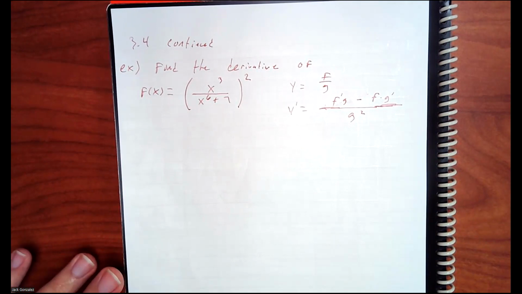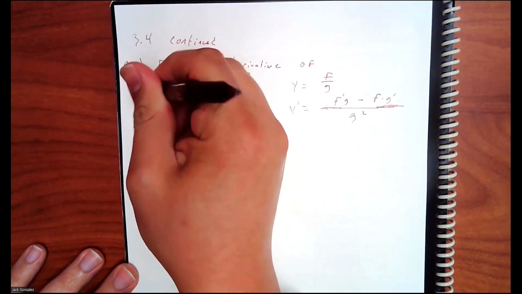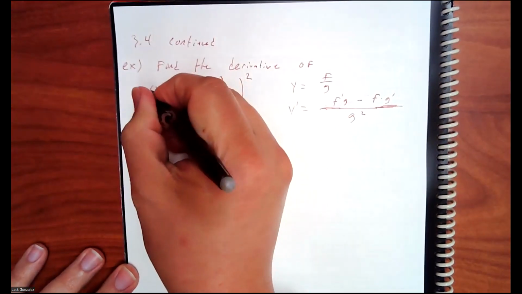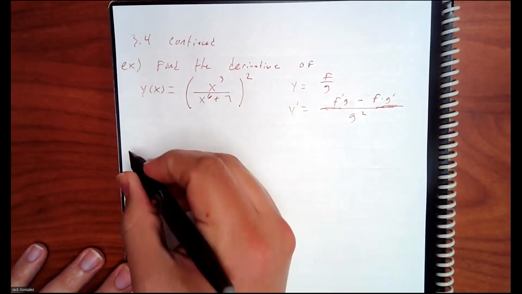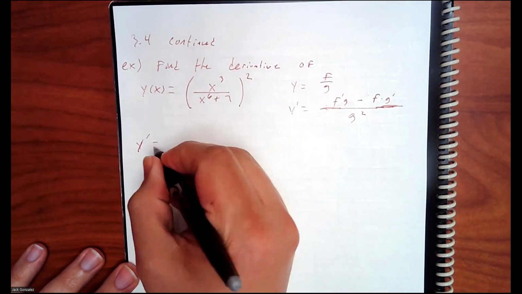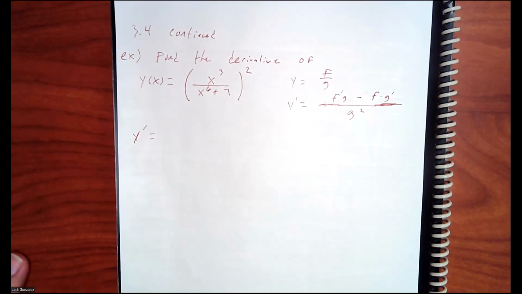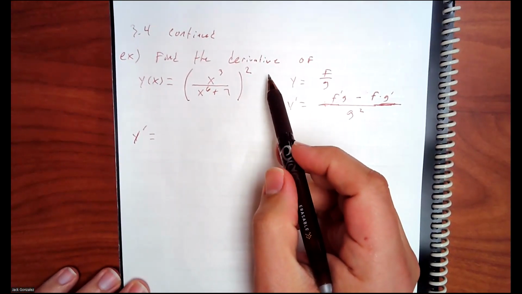So the derivative, we'll call it y, I guess. I don't know what they call it. The derivative is going to require a chain rule. But during the chain rule, you're going to have a quotient. So the outside function is the square.